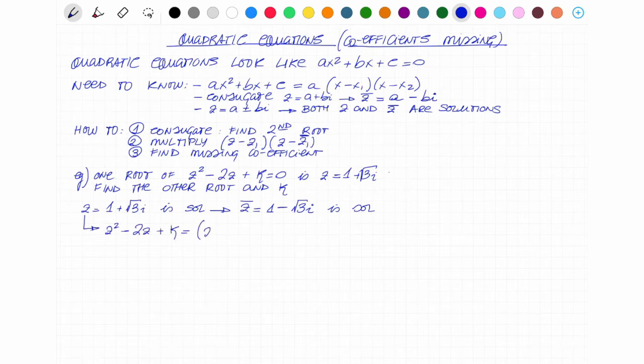So I know that this is going to be the same as Z minus 1 minus square root of 3i times Z minus 1 plus square root of 3i. And then it's a matter of coming here and doing that multiplication.